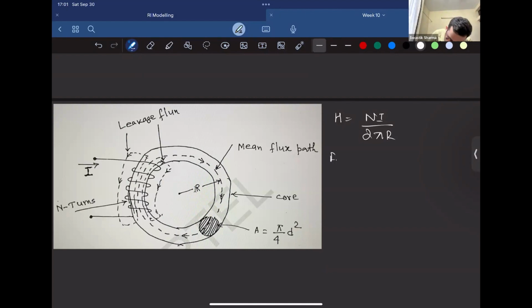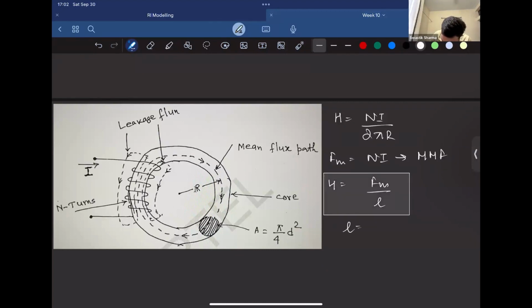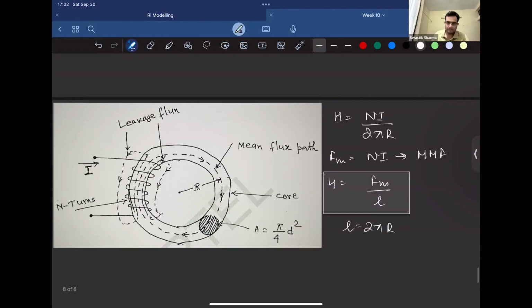And this Ni is nothing but our magnetomotive force, called MMF. This magnetic field intensity can also be written as Fm upon L, where L is the mean flux path, given by 2 pi r, where r is the radius, right?